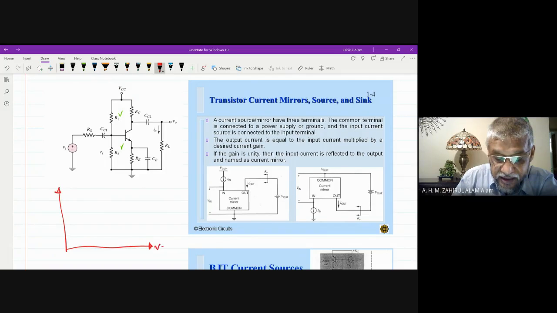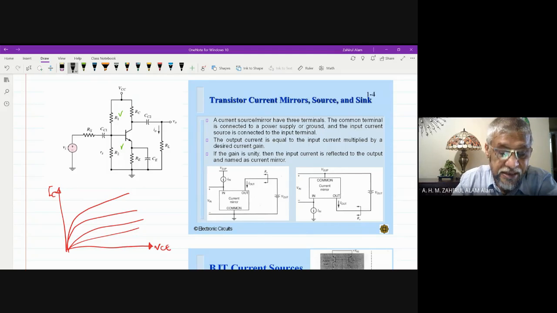This is the characteristic curve of the BJT, and this is the load line, and we set the biasing current, that means the base current and the corresponding collector current, and also the VCE biasing voltage.